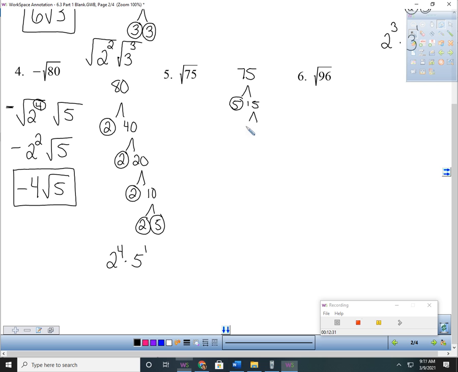And then 15 is 5 times 3. Those are both prime. So I have 2 of the 5s, and then I have 1 of the 3s.